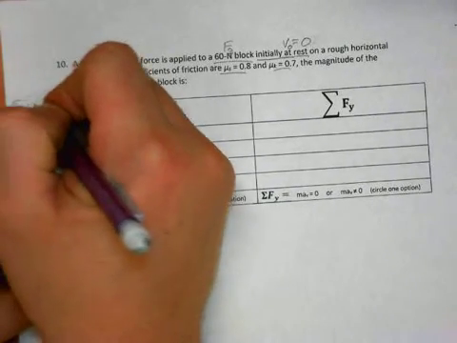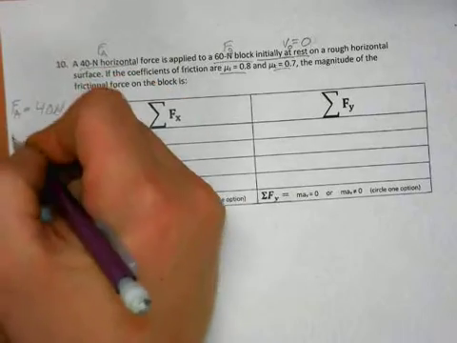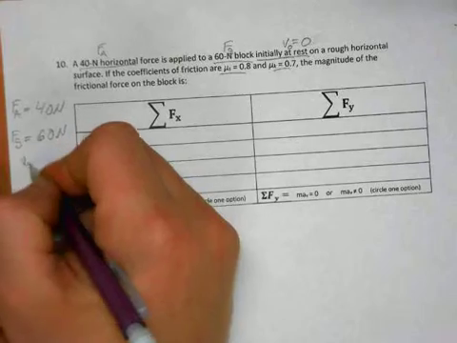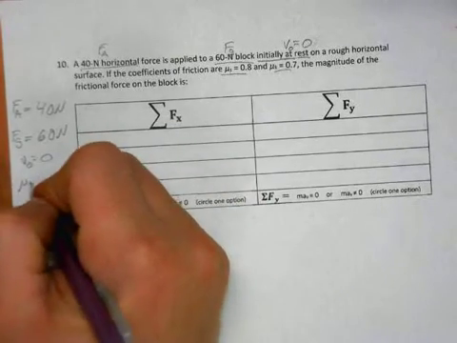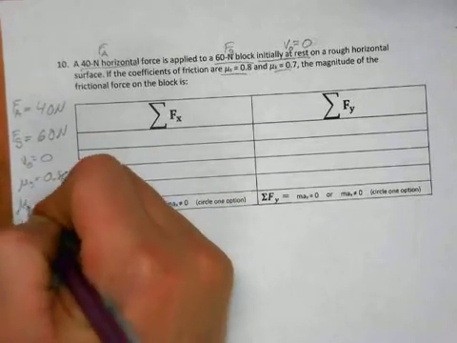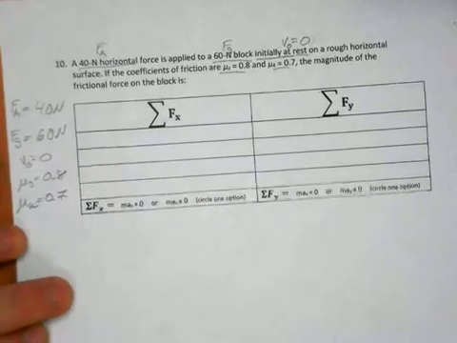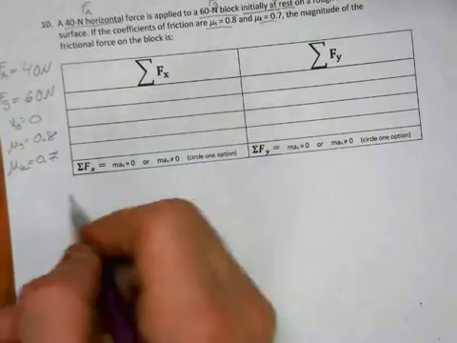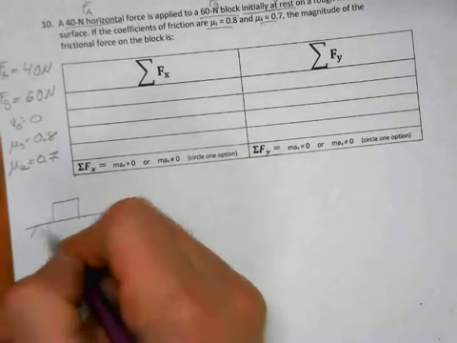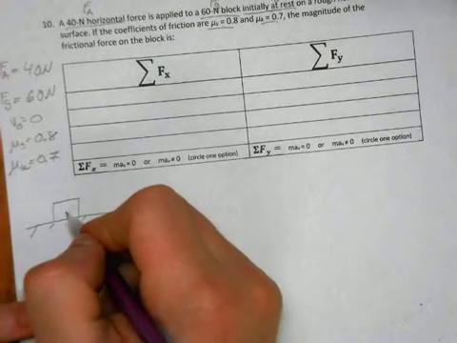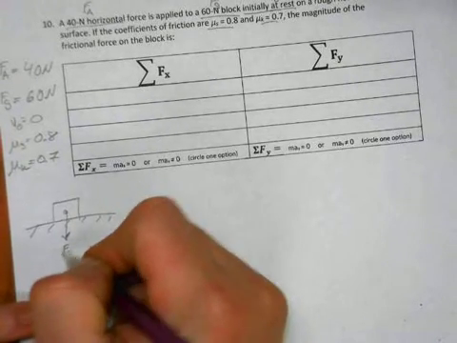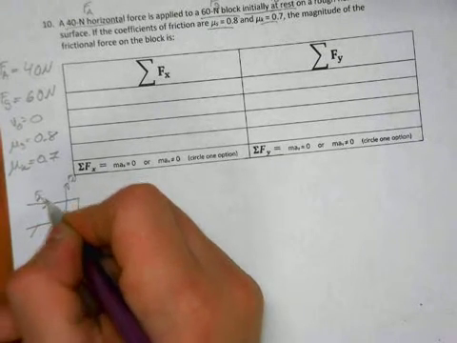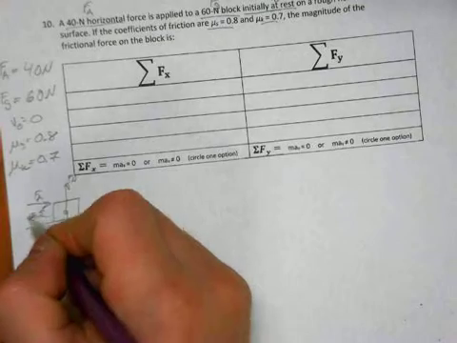So FA equals 40 newtons, FG equals 60 newtons, V0 equals 0, and mu S equals 0.8, mu K equals 0.7. I'm just writing down my knowns. Got a block on the plane. I'm drawing my forces, Fg, Fn, force applied, force of friction.